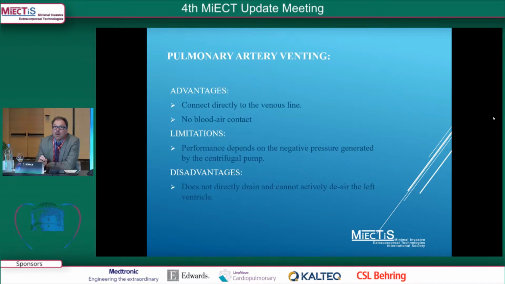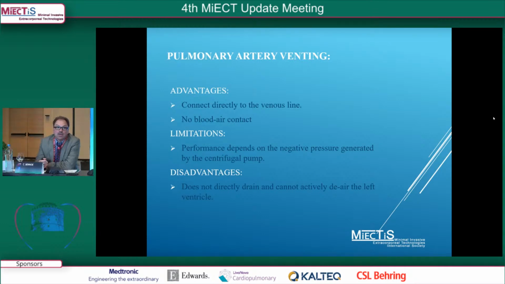So if you look at pulmonary artery venting, one of the advantages is you can connect it directly to the venous line, because there's very little air-blood contact. The performance depends on the negative pressure generated by the centrifugal pump when you do that. So that becomes a limitation.